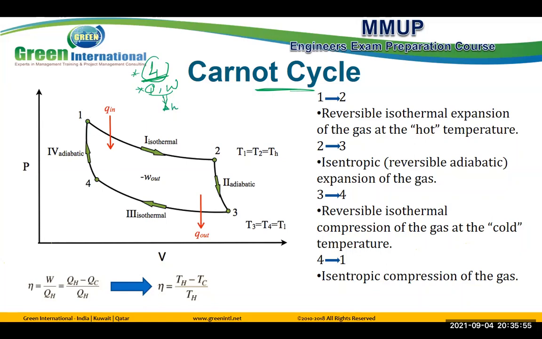For example, from 1 to 2 we have Qn. How to calculate Qn? For sure it comes from H1 minus H2. So to calculate anything between two processes, 1 to 2 or so, whatever heat or work is equal to the difference between two enthalpies.